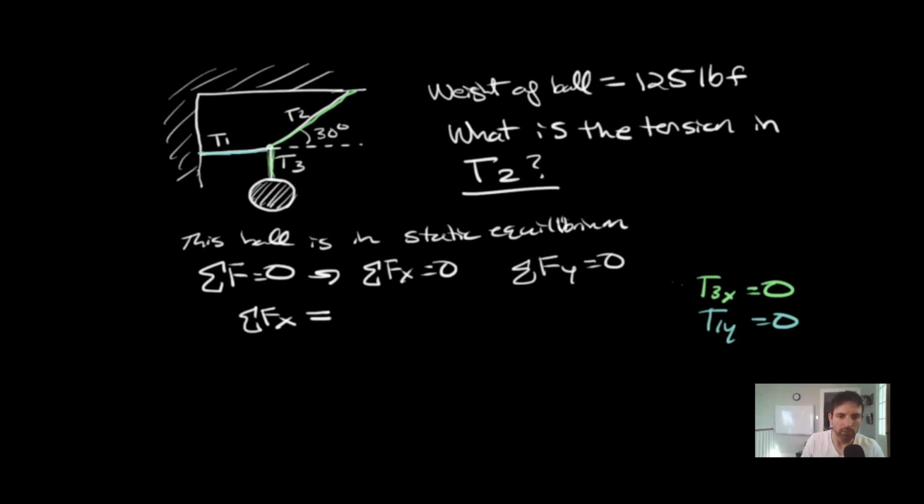Okay. So X is going to have T1, and it's going to have, if you separate this like in a triangle here, you can see that the x component, if you remember from vectors, is going to be T2 times the cosine of 30, right?